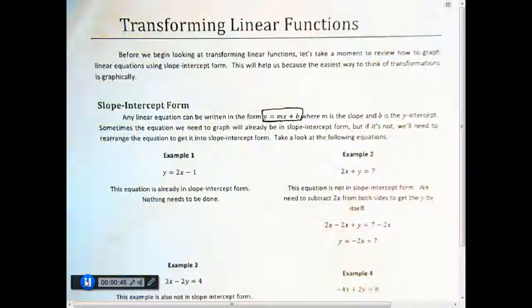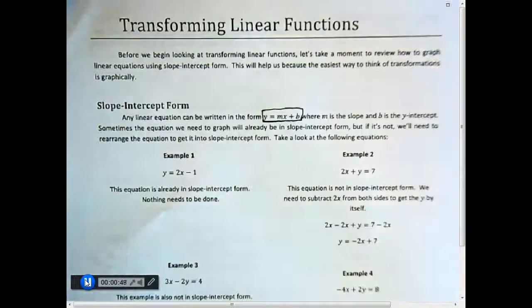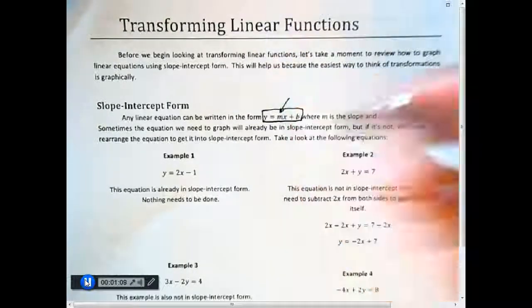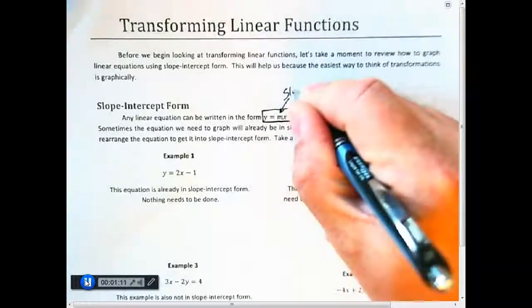Tell your neighbor what each of those variables mean. Okay, time's up. What does m mean? M is your slope.